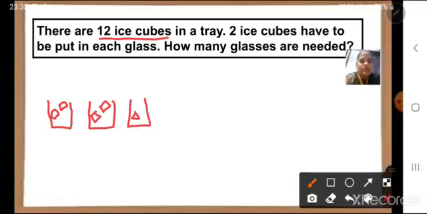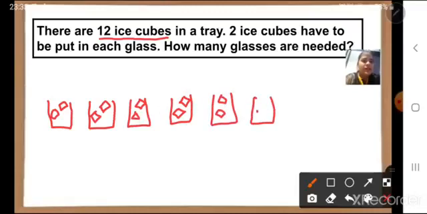Then 2 more ice cubes. 7, 8, 9, 10, 11 and 12. Let us see how many ice cubes there are. 1, 2, 3, 4, 5, 6, 7, 8, 9, 10, 11, 12.